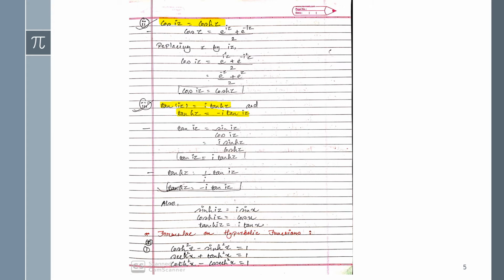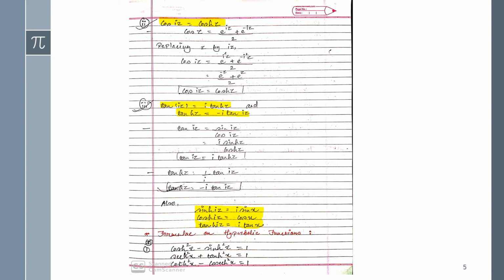And again here I have given its proof. Now this one is also important guys, which I am marking with the red highlighter, and here it's written sin hiz will be i into sin x, cos hiz will be cos x, and tan hiz equals i into tan x.